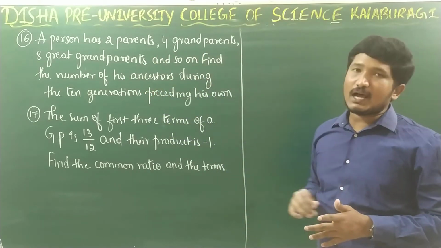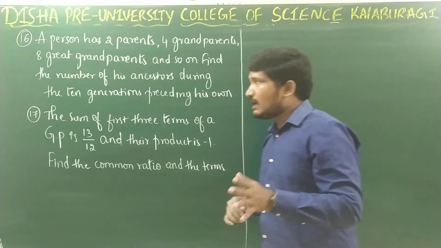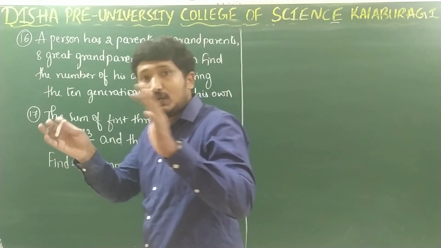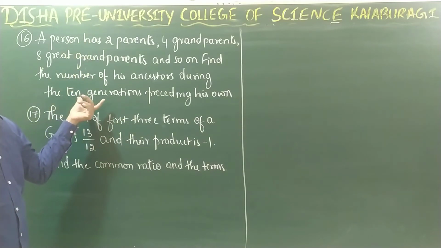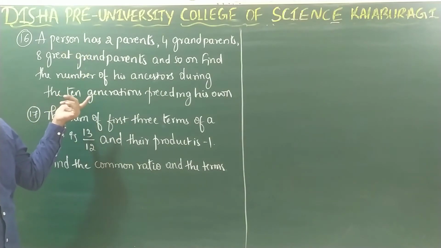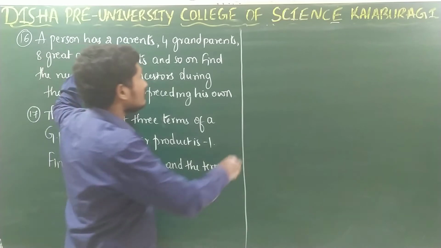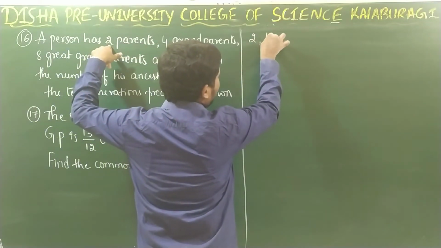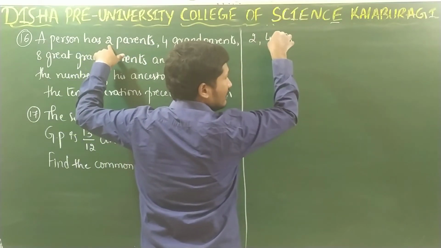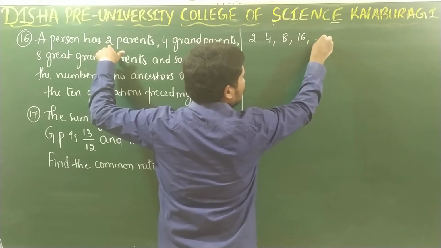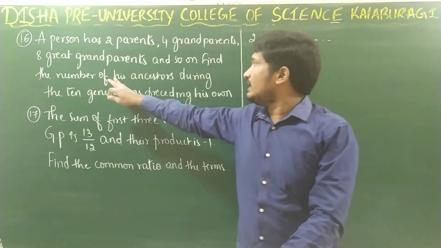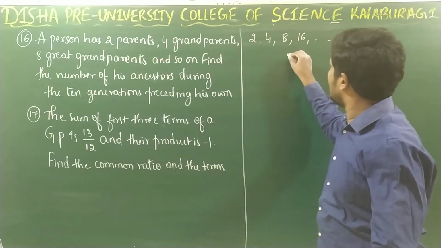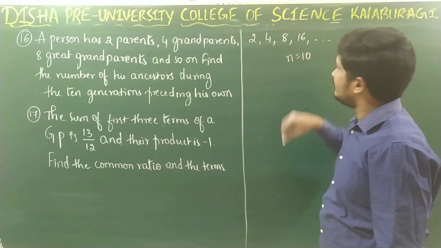What are they asking you to find? They are asking you to find the total number of his ancestors for the 10 generations. See here, first will be 2, next will be 4, next is 8, so it will be 16, and so on. How many generations have they given? 10 generations. So here the value of n is 10.